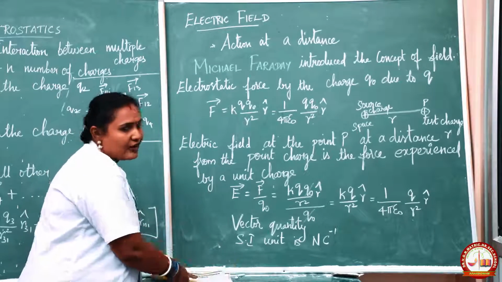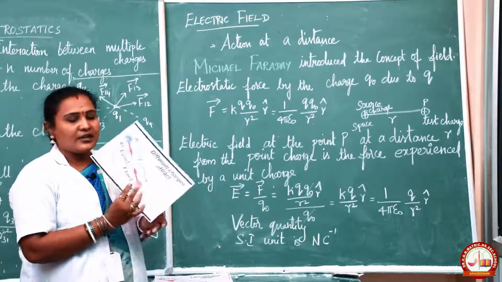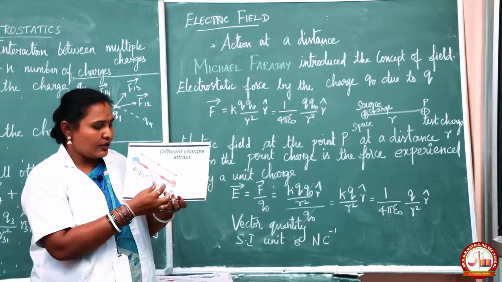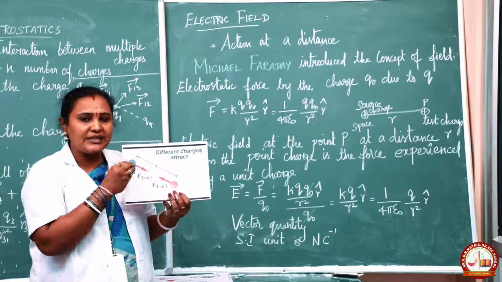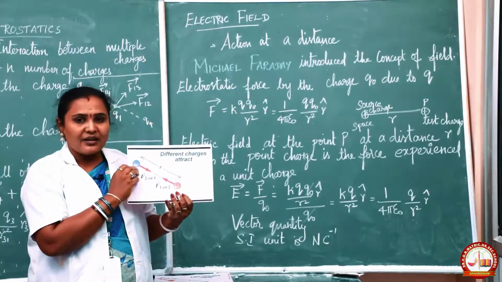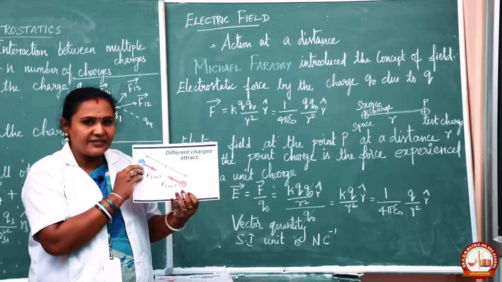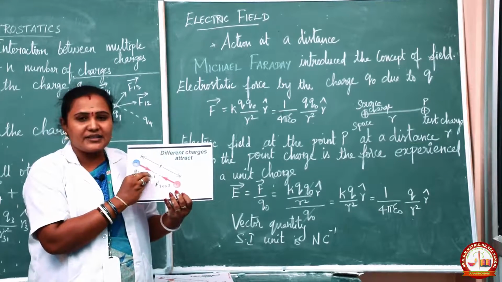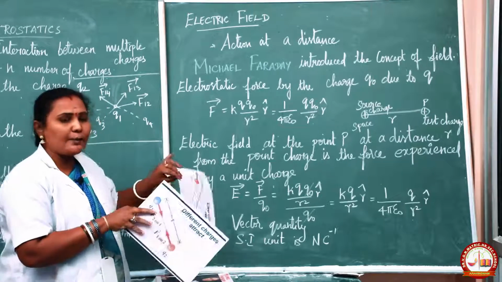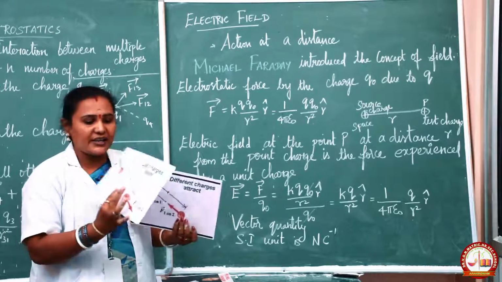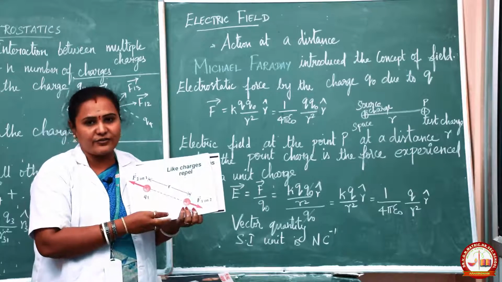It means if you are considering a charge which is distributed in the space, and if you are bringing another charge near to it, if it is a negative charge, it experiences the attractive force. In case you are bringing a positive charge, it experiences the repulsive force.